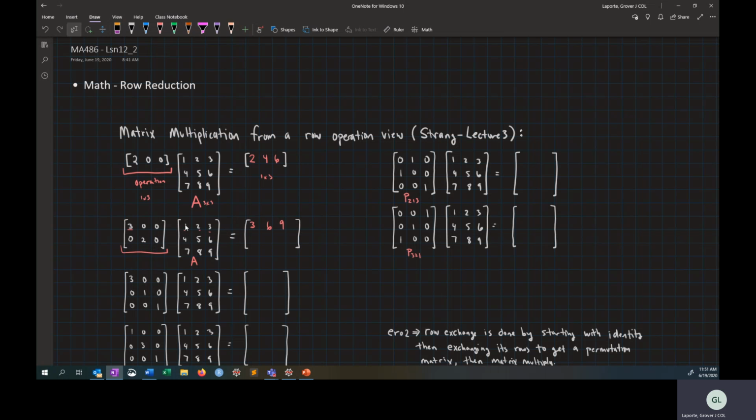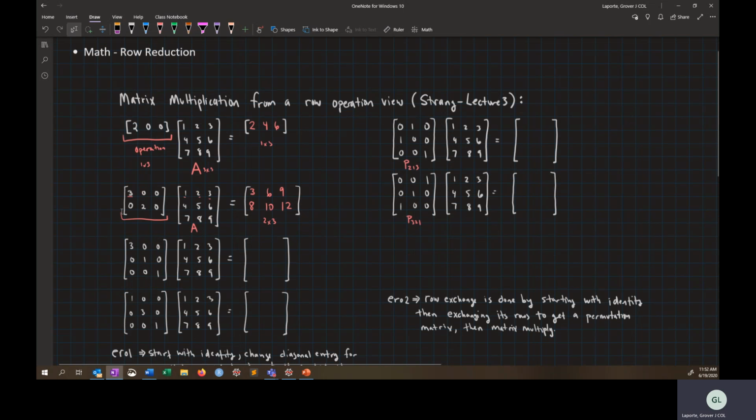That's a 0, that's a 0, and the only thing that happens is 2 times the 4, so we would get an 8. 2 times the 5 would be a 10, and 2 times the 6 would be a 12. So in effect, what we just did was take 3 times row 1 and 2 times row 2 to get the 2 rows that are in the new 2 by 3 matrix.